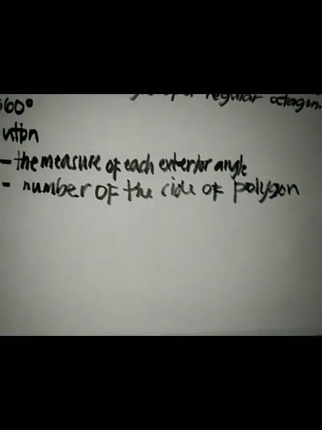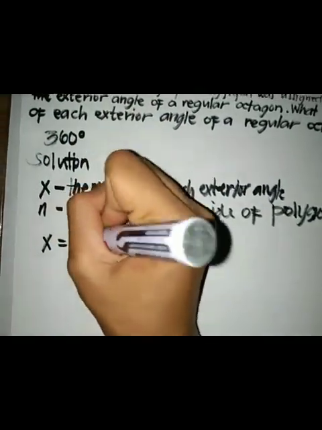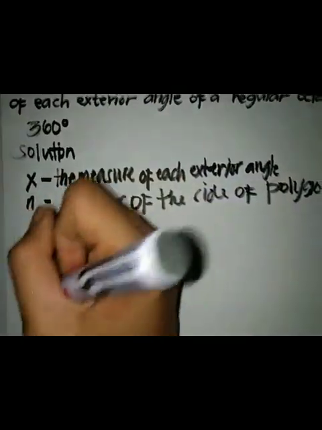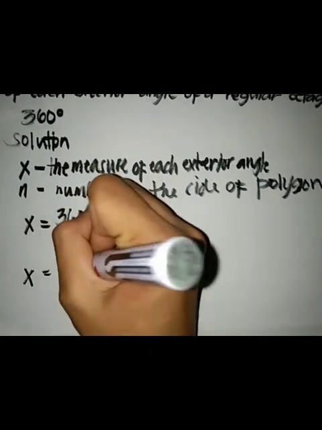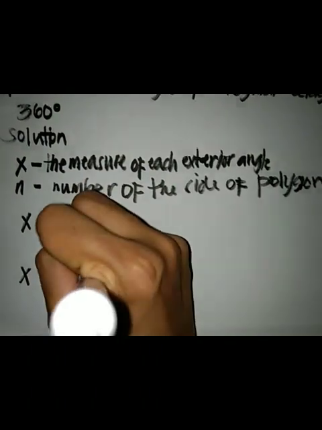So the solution: the formula is x equals 360 degrees divided by n. So substitute: x equals 360 degrees divided by 8.